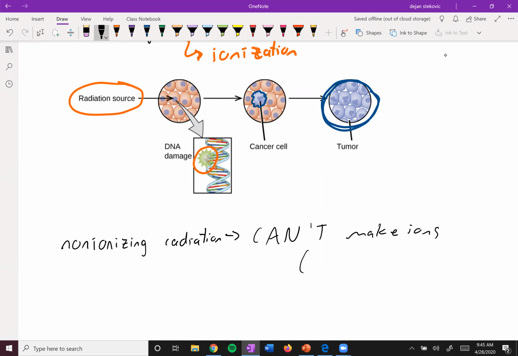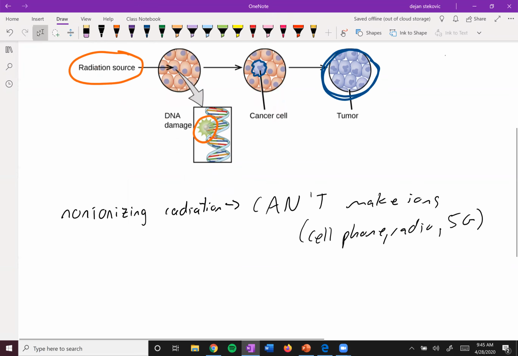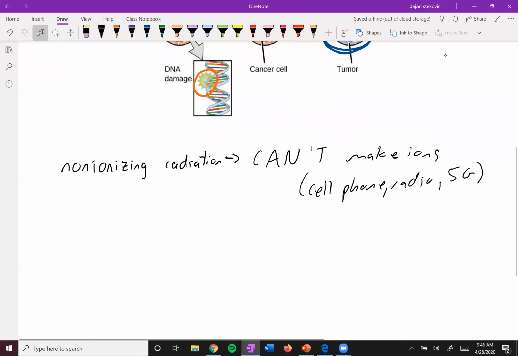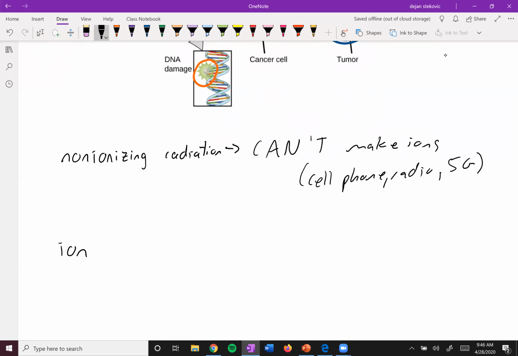So this is something like your cell phone towers, your radio waves, 5G that's coming out. So you'll hear, oh, maybe your cell phone's giving you cancer. No, that's all just a bunch of baloney. This type of radiation is not nearly powerful enough to ionize things and thus cause cancer. But there'll always be people trying to convince you otherwise. If you're paying attention to the news, the new thing is there's idiots saying that 5G is causing the coronavirus. So, yeah, what are you going to do?